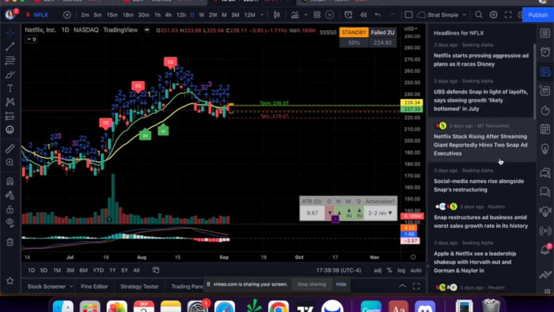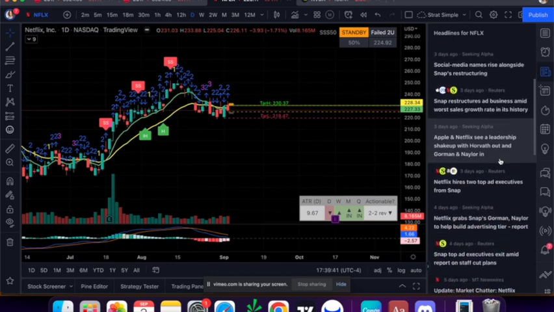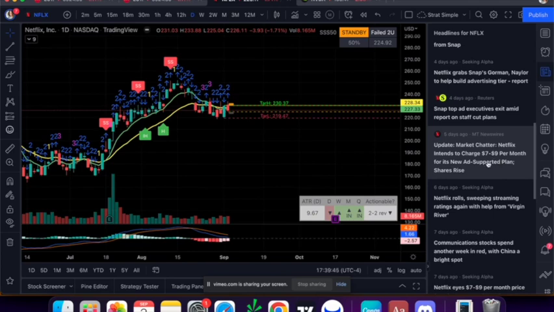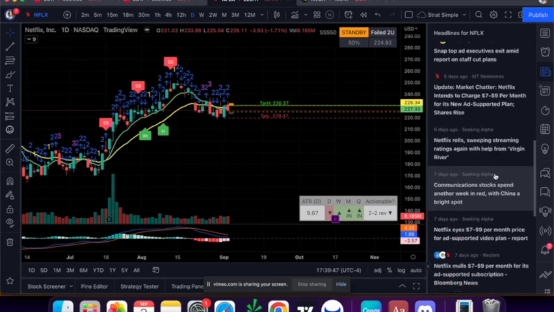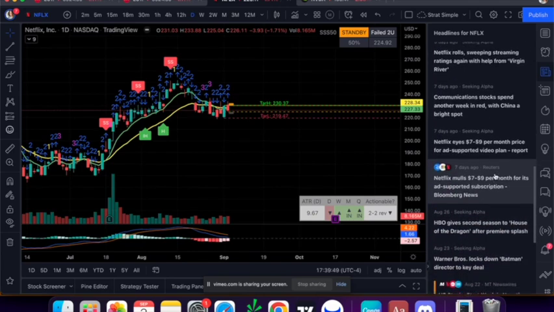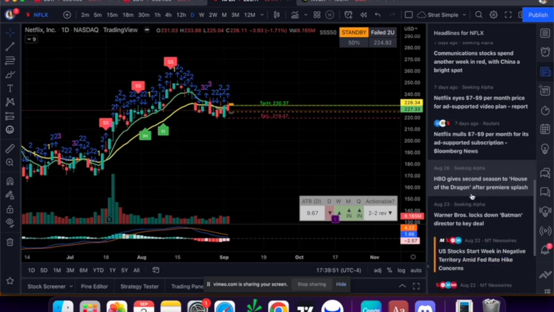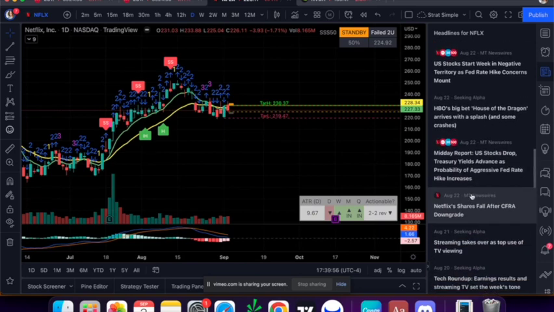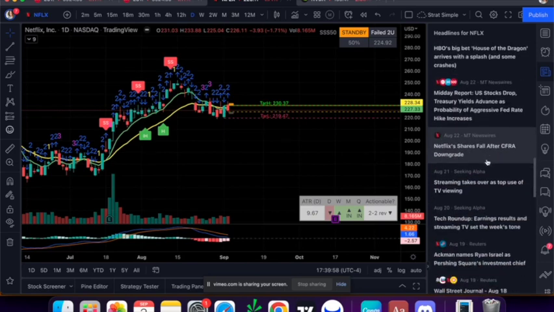Hires two Snap ad executives. Okay, I don't really see a whole lot. I could have sworn they did get a downgrade. I think they did. That's why it kind of tanked a little bit, but I think it hit support. It was something that came out about it. It had to be a downgrade or some sort of news.